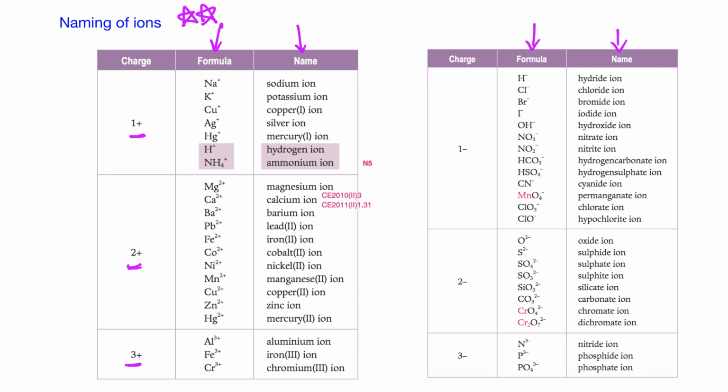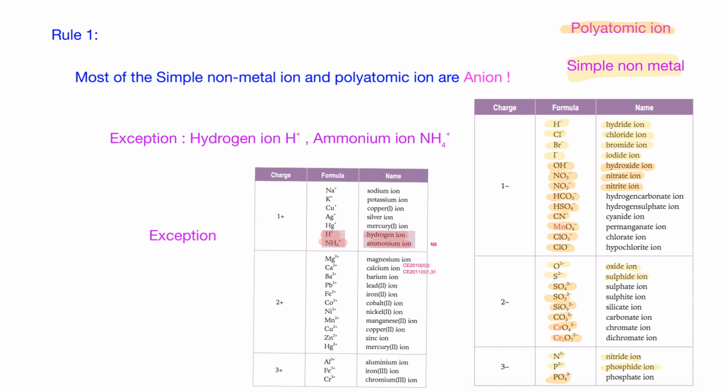So let's have a look at the rules. Rule number 1: most of the simple non-metal ions and polyatomic ions are anions. Non-metal ions, for example O, S, N, Cl, Br, F, all these non-metals form anions.